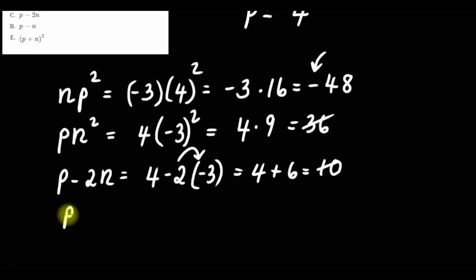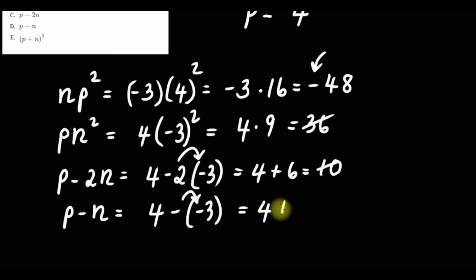Next one is p minus n. That would be 4 take away negative 3. Again, negative times negative is positive. So this ends up with 4 plus 3, and that is 7. The 7 is higher than negative 48.